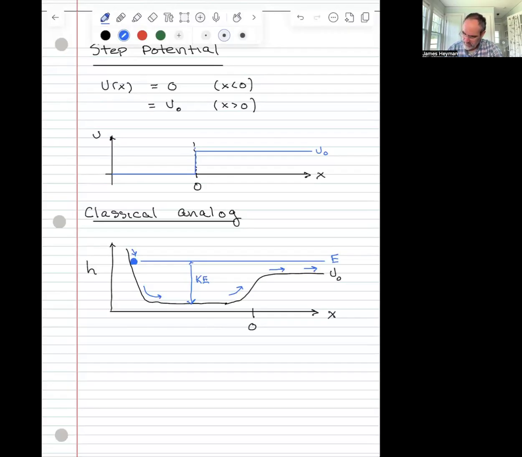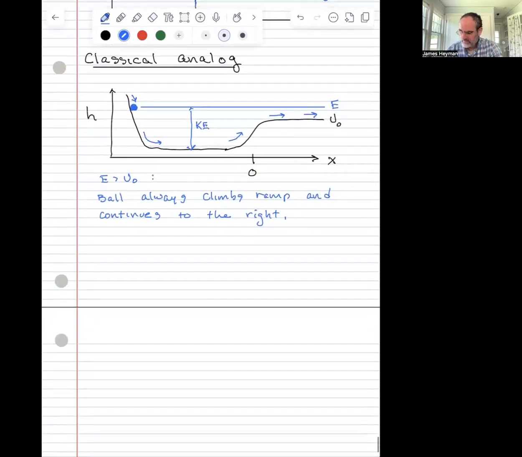So in this case, E greater than U0, in the classical analog, the ball always climbs the ramp and continues to the right. That is, the ball is transmitted through this barrier.